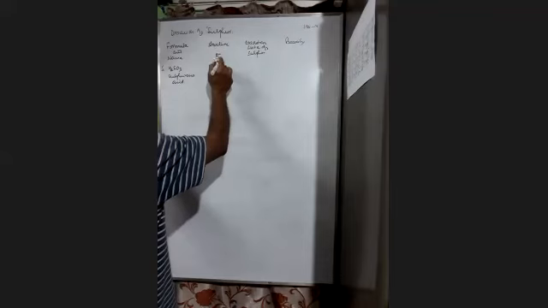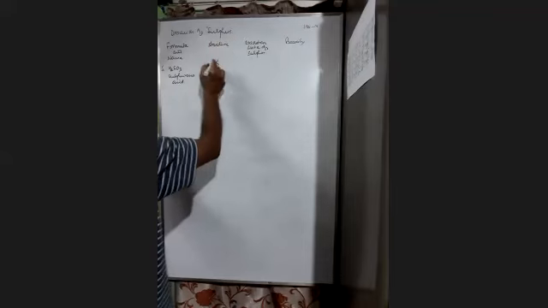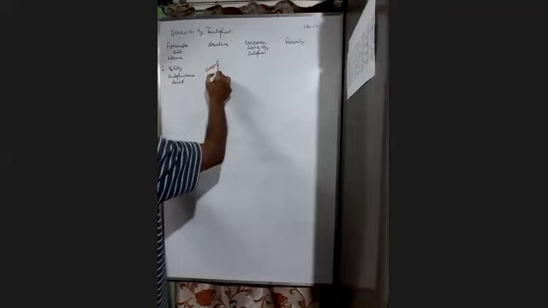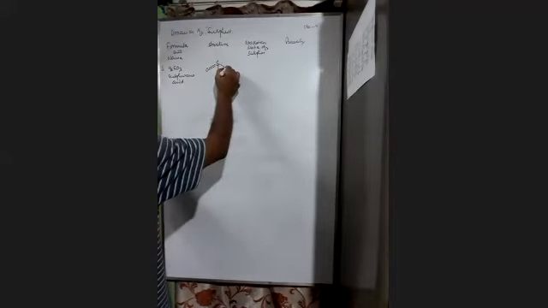Sulfur 1. How many oxygens are there? 3. 1 and 2 I have written. How many hydrogens are there? There are 2. I have written 1.